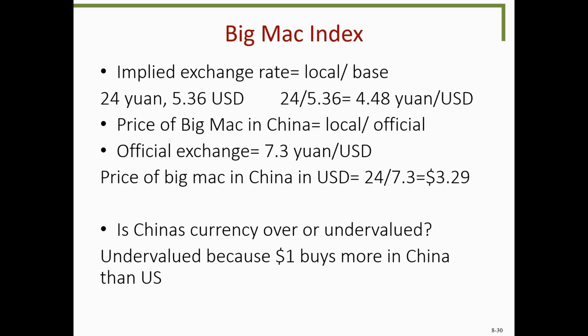In China, a Big Mac costs 24 yuan, and in the US, it costs $5.36, at least for this example. To get the implied exchange rate, we take the 24 yuan and divide it by the 5.36 US dollars. That comes out to 4.48 yuan per US dollar, and that is your implied exchange rate.